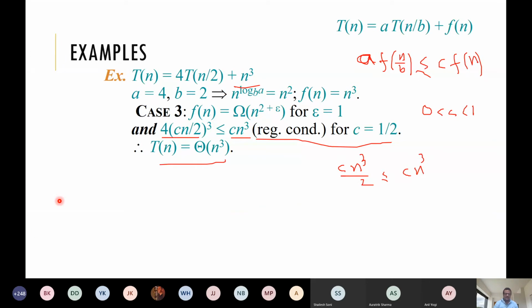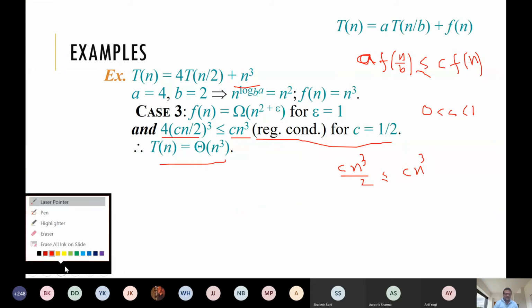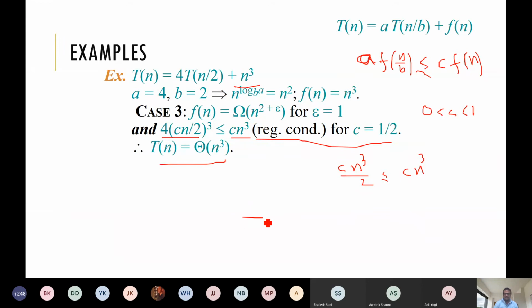Suppose we have a recurrence like this: T(n) is equal to T(n/4) plus T(n/2) plus n square.